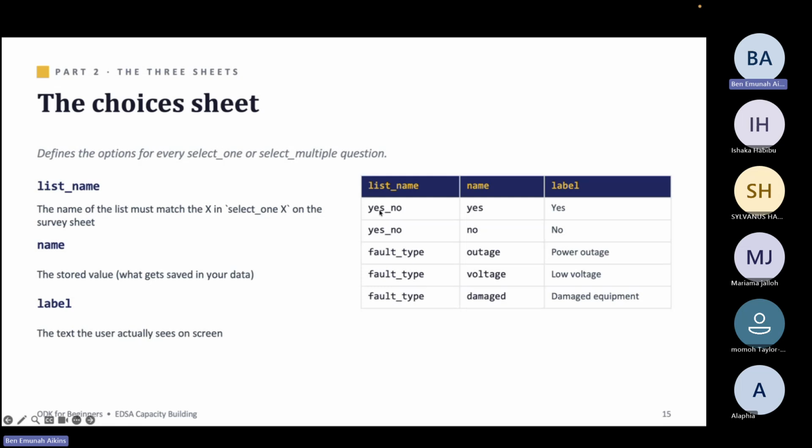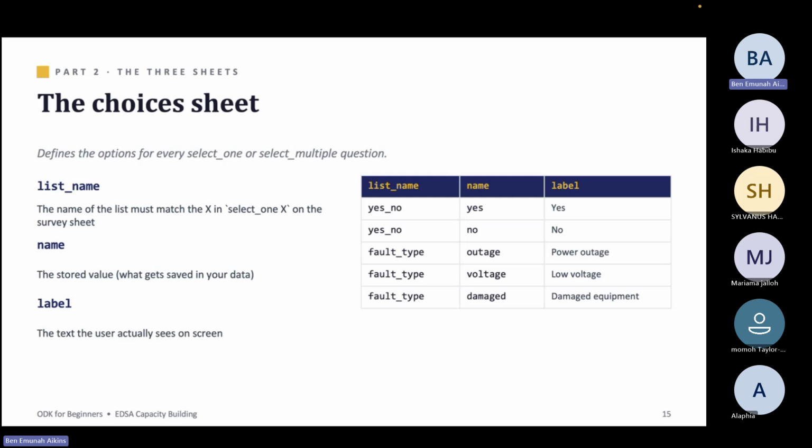Then we repeat the same yes or no here, and then we say no, which is the small case no under the name column, and under the label column, you see that it's a capital case no. What is happening here is this. The label side is what the user will see, yes or no. The name side is what gets stored in your system.